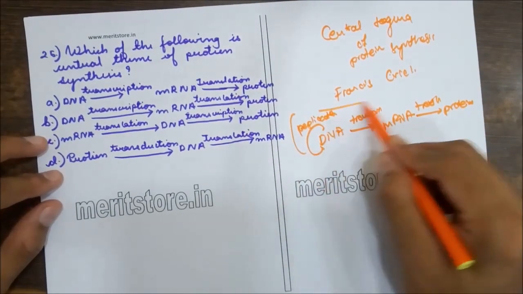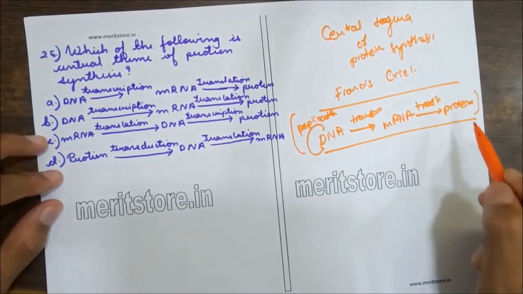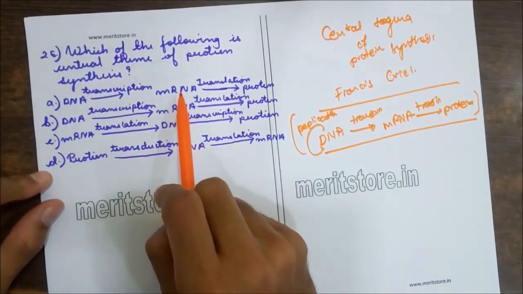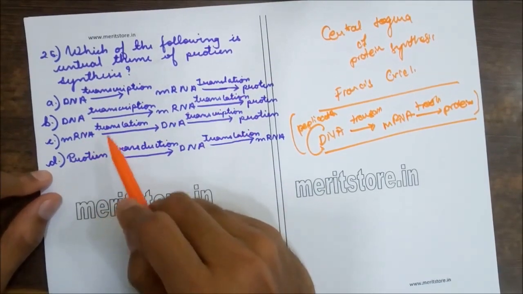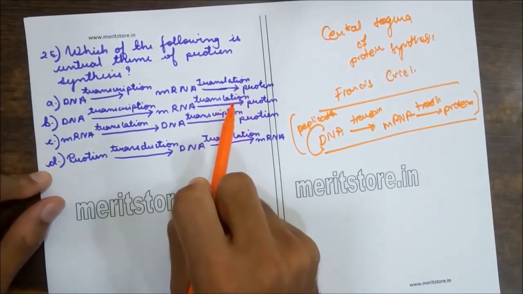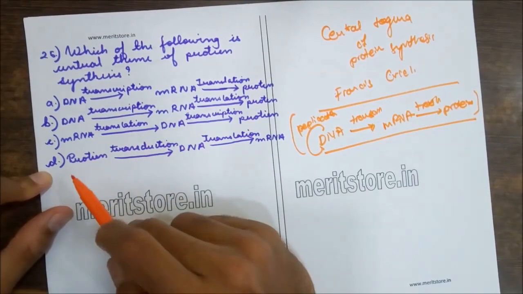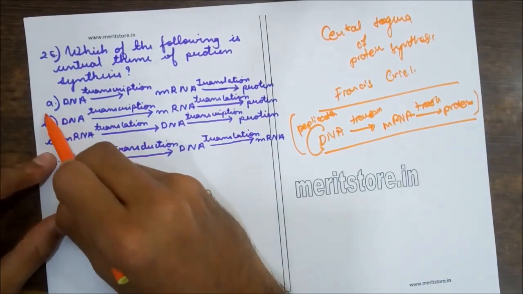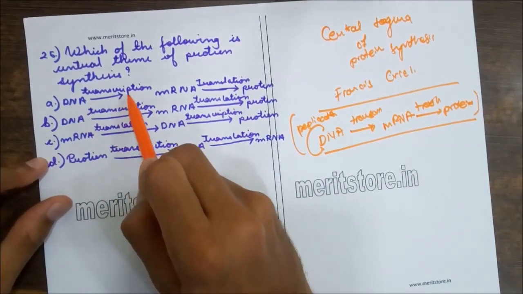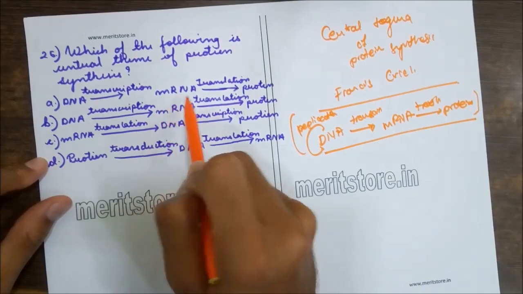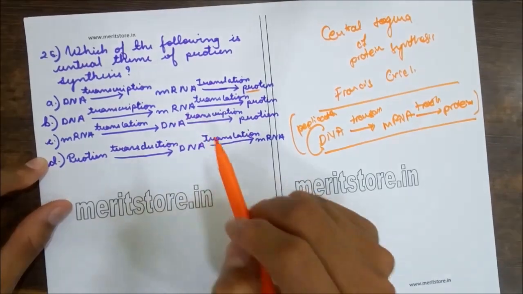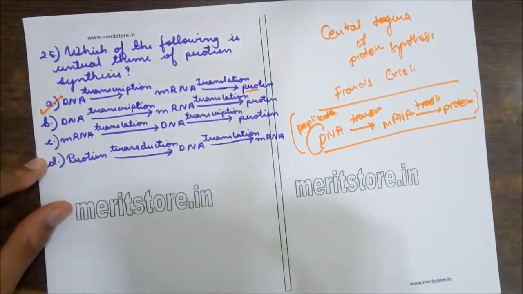So this is the central theme or dogma of Francis Crick. Option A states that DNA undergoes transcription to form mRNA, and mRNA then undergoes translation to form proteins. So option A is the correct answer.